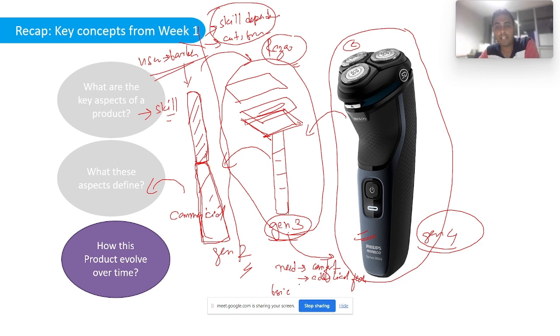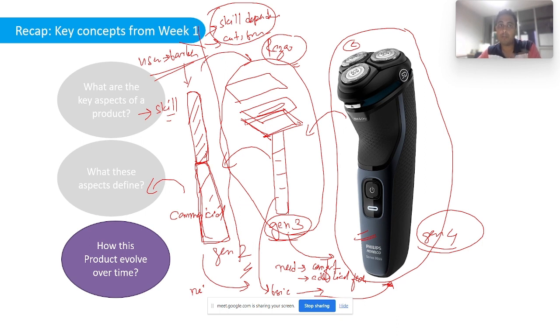Because of this additional requirement and certain shortfalls of this device, we have another generation. That's how products evolve. We have product evolution from generation 2 because of certain clear shortfalls, and there's a change in the user.